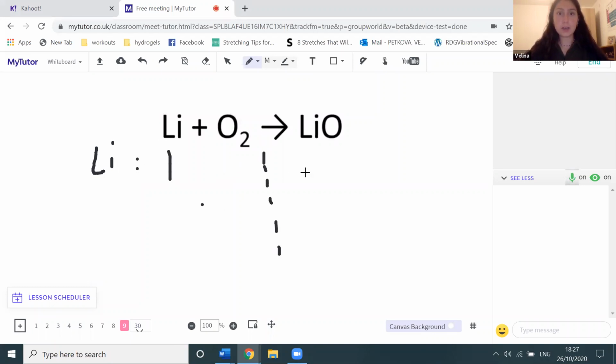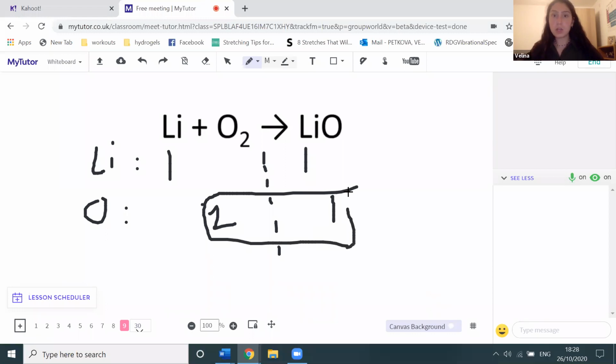We have 1 lithium on this side, 1 lithium on that side. What about oxygen? As we know, O2, little 2 means 2 oxygen atoms. So therefore we have 2 there, but we have just 1 here. So we're going to have to balance this equation. So first thing to do is balance our oxygens, right?